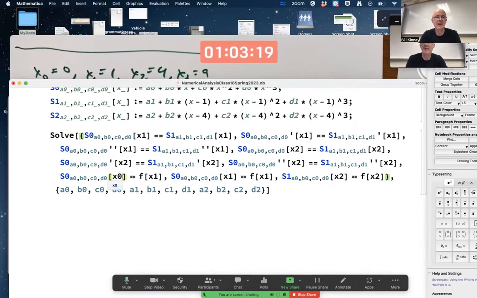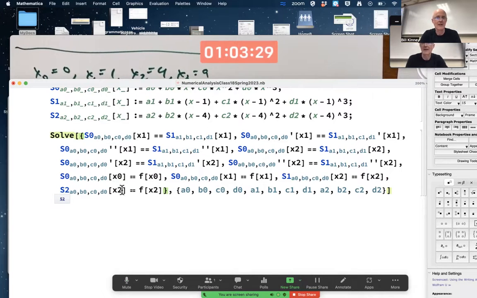So I'm going to put S0 of x0 and f of x0 in here as well. And if I go to the third node, I need to use S2 at x3. I'm probably going to get crazy fractions here, right, for the answers. How many equations do we have now? 1, 2, 3, 4, 5, 6, 7, 8, 9, 10.